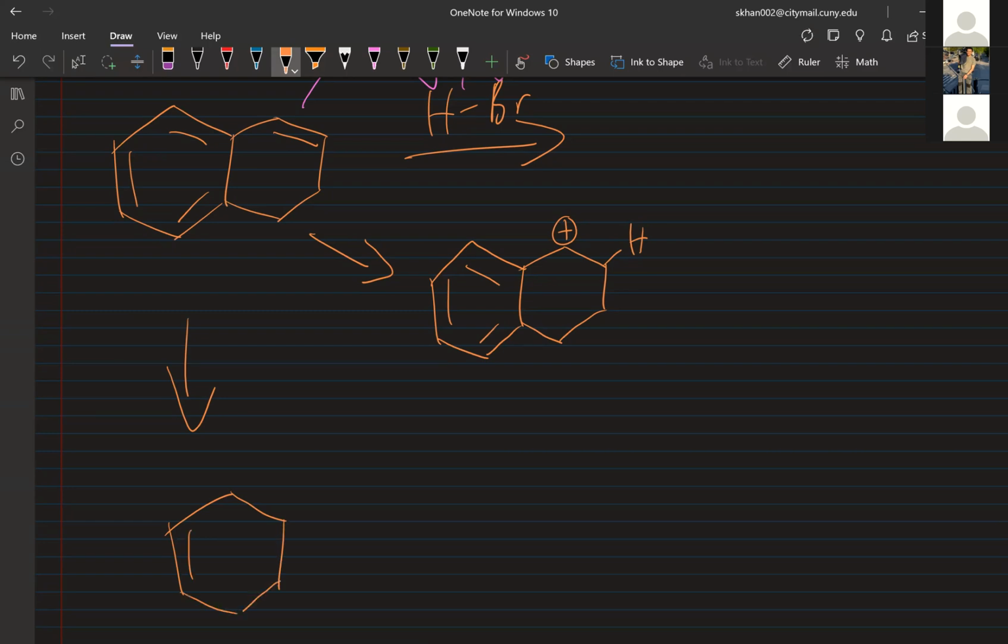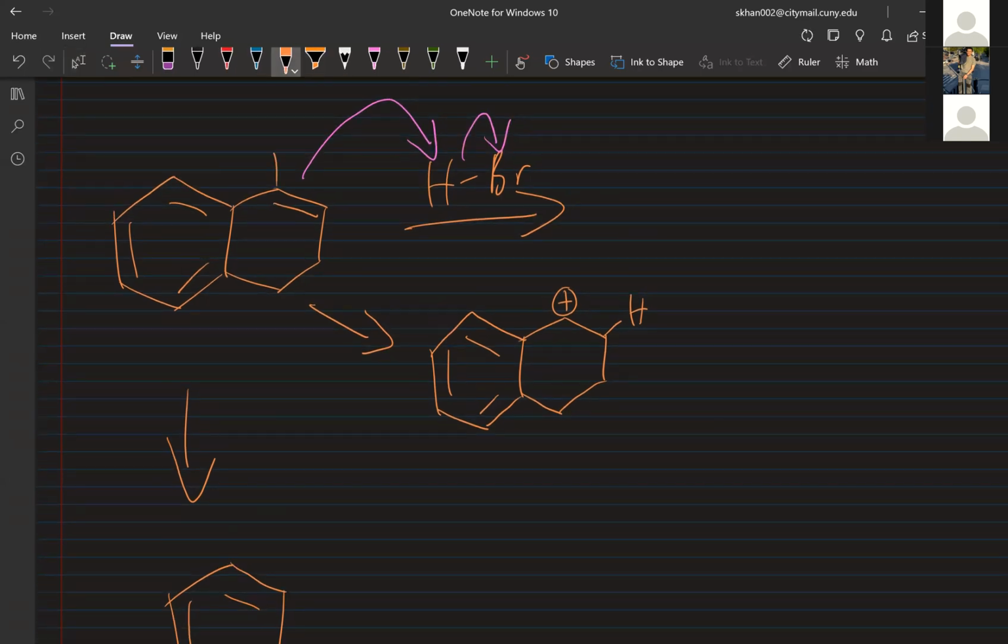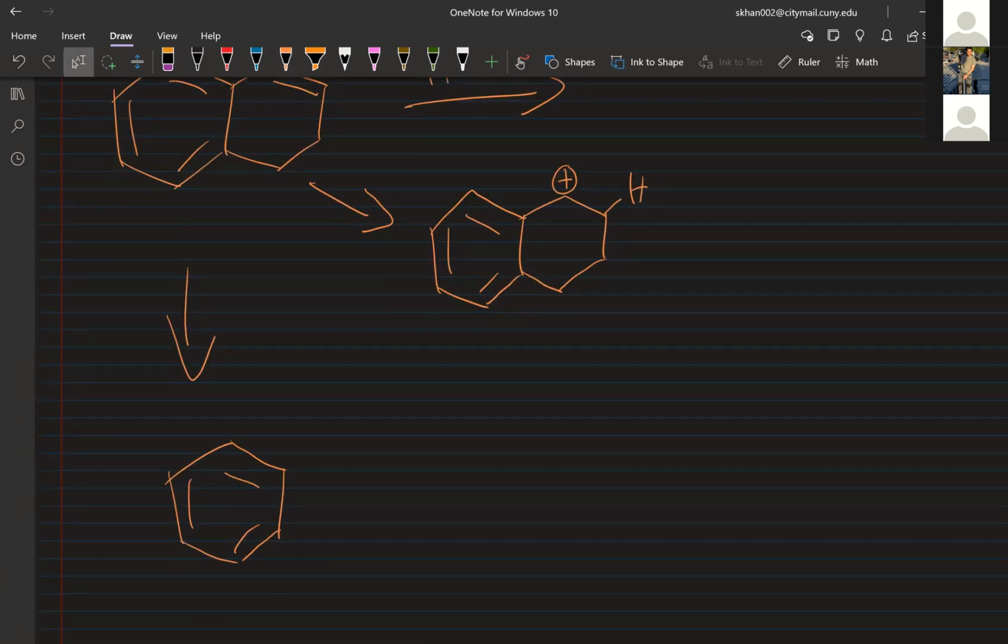This is why I said Markovnikov's rule with the whole thing with more H's doesn't always make sense. Here, both sides of the alkene have H's. That's why whenever you think of Markovnikov addition, just think of it as forming the most stable carbocation, and that never fails you.